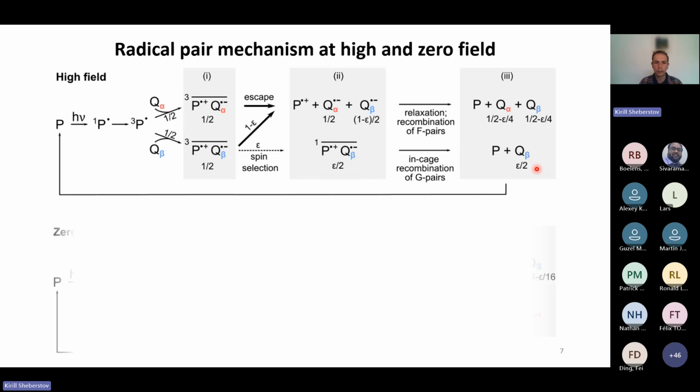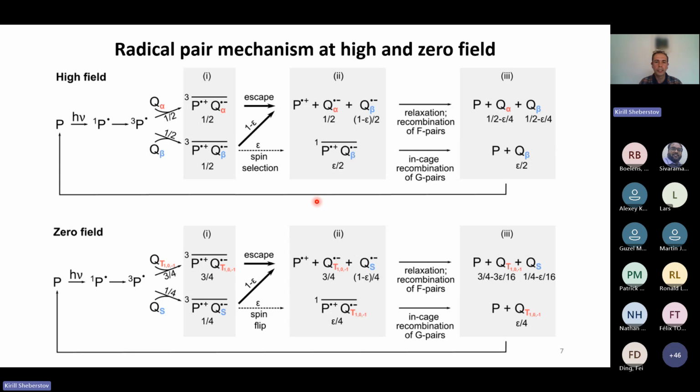What about zero field? Well, the overall scheme is pretty similar to high field, but because at zero field there is no preferential direction, one cannot polarize magnetization, which is an imbalance between alpha and beta states. So the quencher molecule must contain at least two distinct nuclei described by triplet and singlet states.